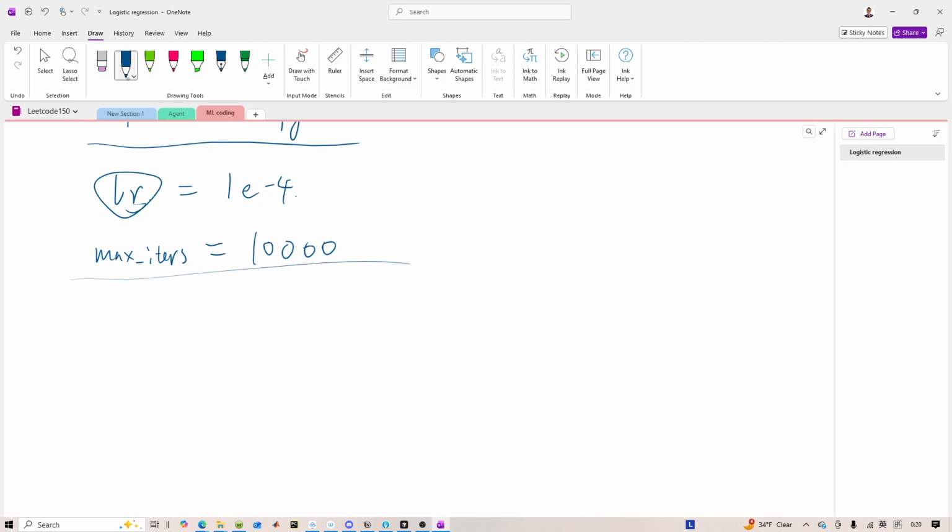This could be like 10,000. So after 10,000 iterations, if nothing stops the algorithm, we would stop it, and this is usually configurable. And then we usually also have something like a tolerance for the stop criteria. This could be initialized to 1e-5, for example.